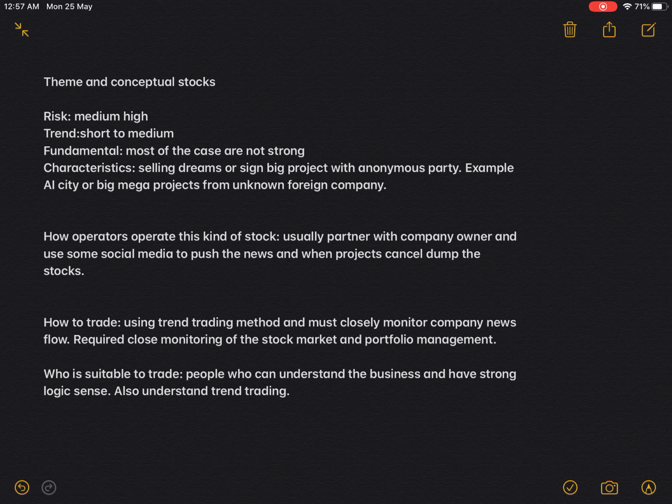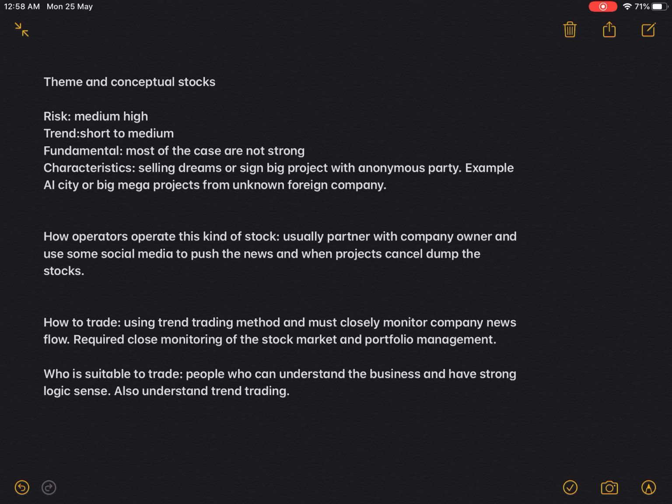So how to trade? By using the trend trading method, find a very good buy point and sell point, and you must closely monitor the company news flow, and also monitor the stock market very closely, and also do some portfolio management. Don't go all in on this kind of counters.